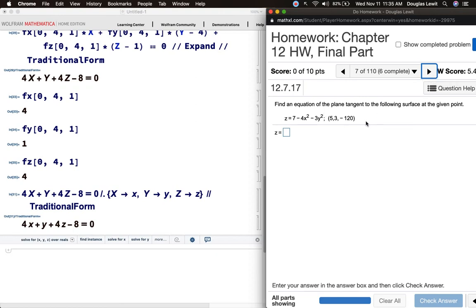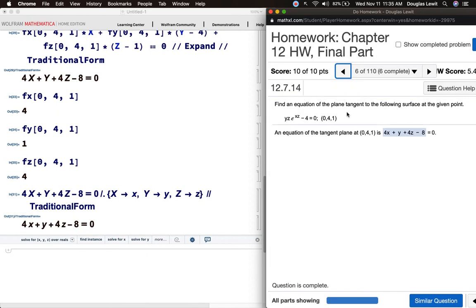Okay, this is actually slightly different. Find an equation of the plane tangent to the following surface at the given point. So here, guys, for number 6, notice we're given a surface equal to a constant, which is usually 0, but it doesn't really have to be 0.